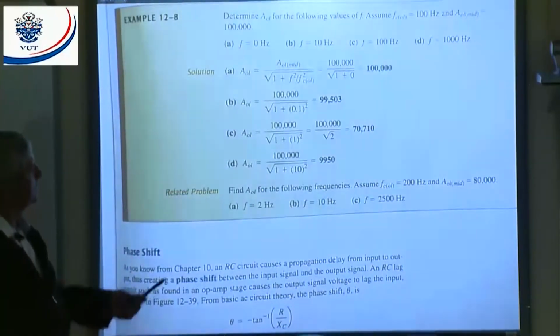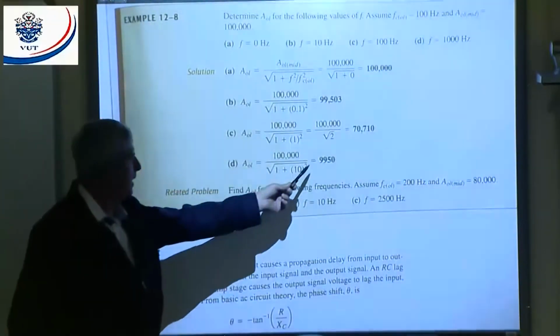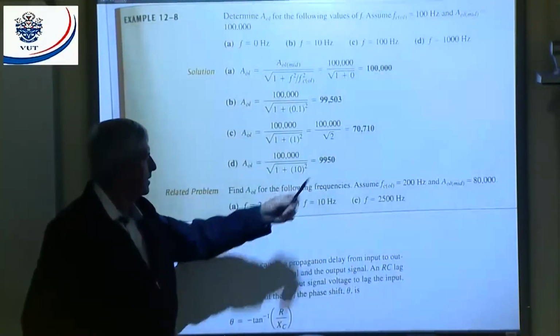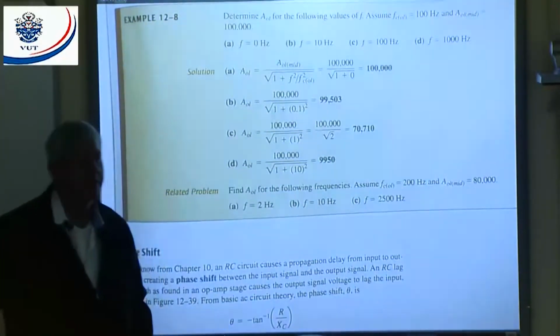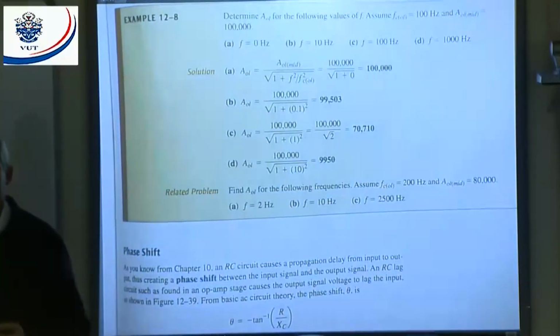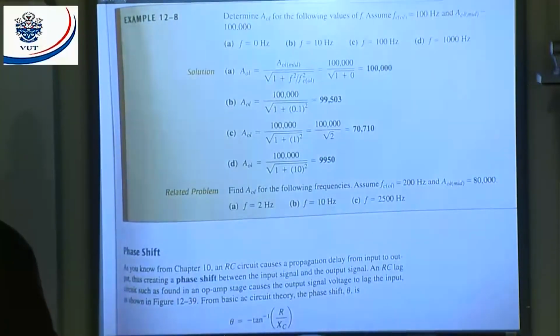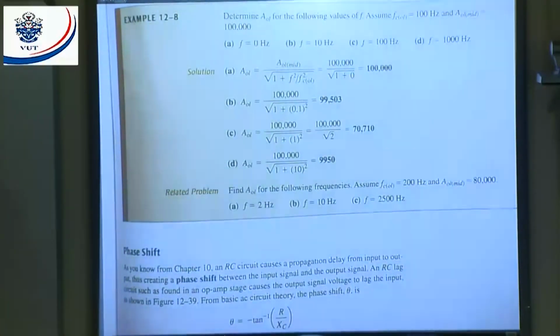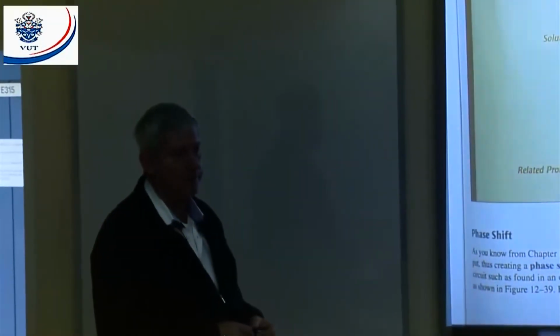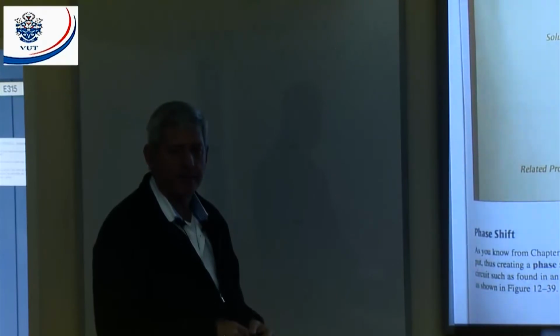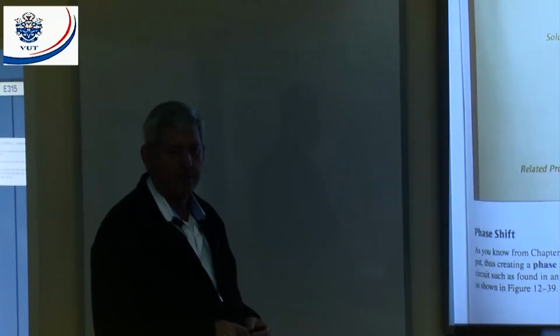You see, if you're there at 10 kilohertz, I will have around about 50 dBs. The higher the frequency, the lower the gain, because I got that roll off of minus 20 dBs per decade. That means higher frequency, lower the gain. You with me? And that's basically what I illustrate here in that example.